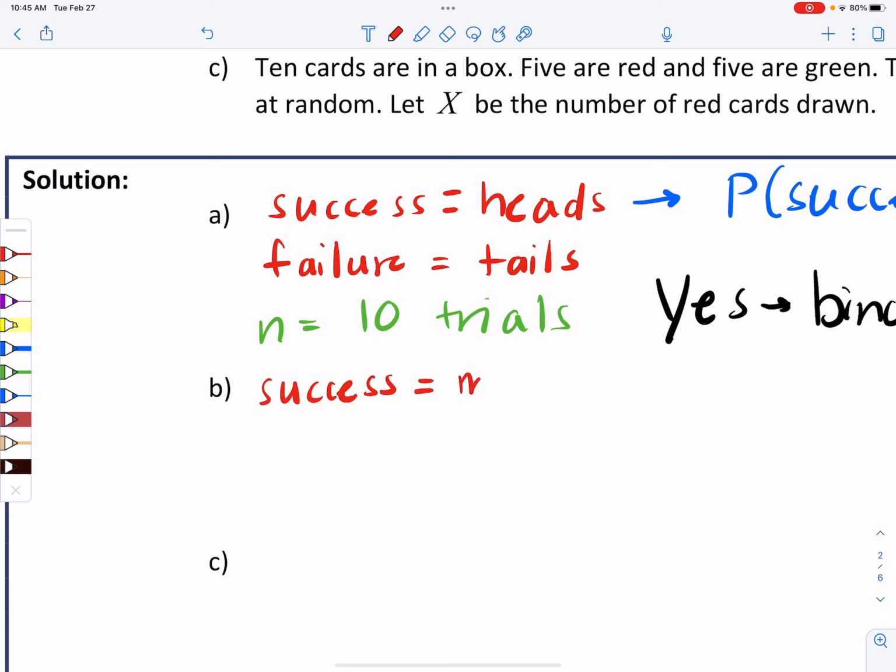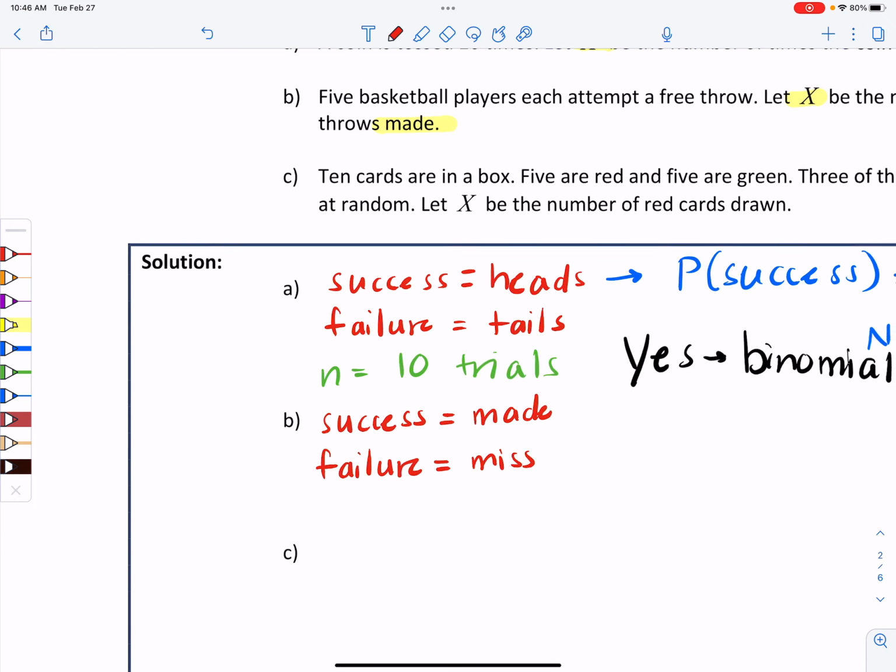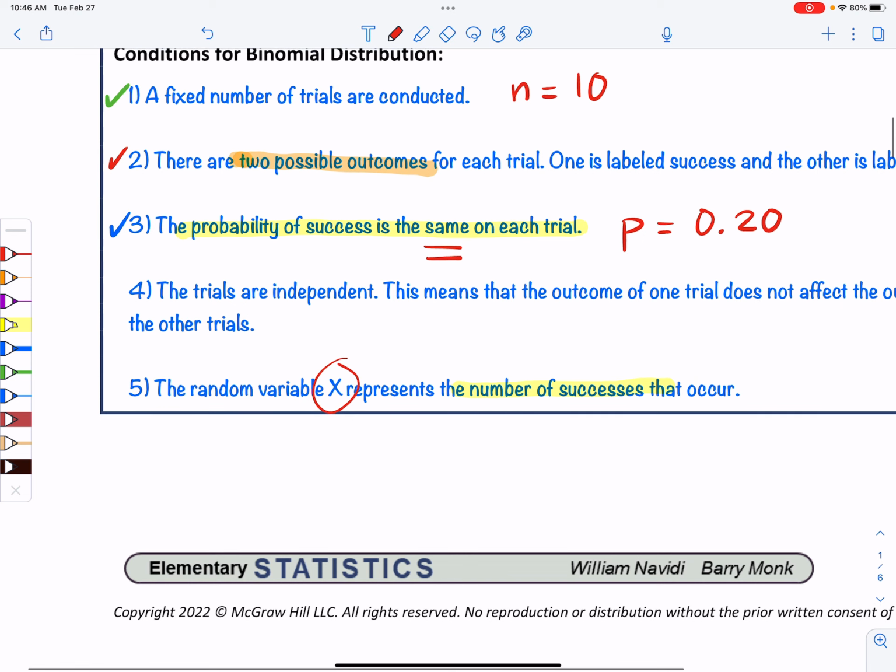And in this case, we're saying that a success is a free throw that is made. And then I could just flip that around and say a failure on the other side here would be a free throw that is missed. Okay, but 2 outcomes, so I'm good on condition 2.